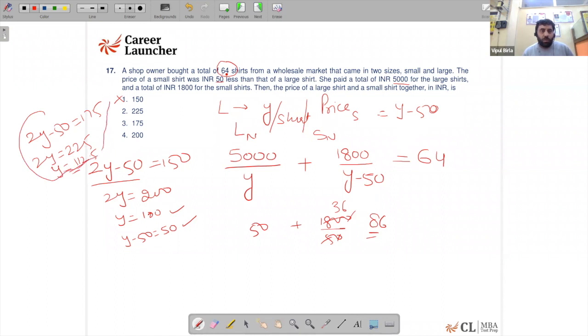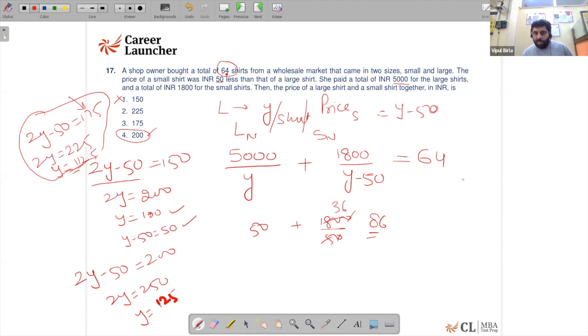So therefore, rather than checking this option, let's look out for an option which will give me an integral value, which is nothing but 200. So let's check it. If 2Y minus 50, which is the sum of the price, is equals to 200, so I end up getting 2Y equals to 250, or Y is coming out to be nothing but 125.